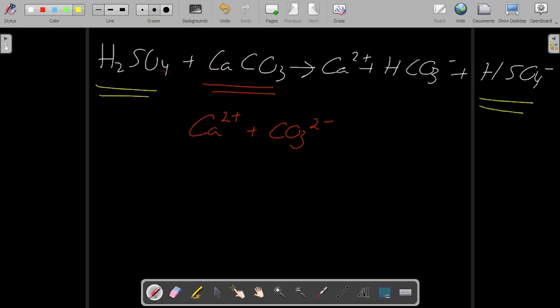Well, what did it lose? It lost one of the hydrogens. Hope everybody saw that. So basically, one hydrogen went goodbye from here.